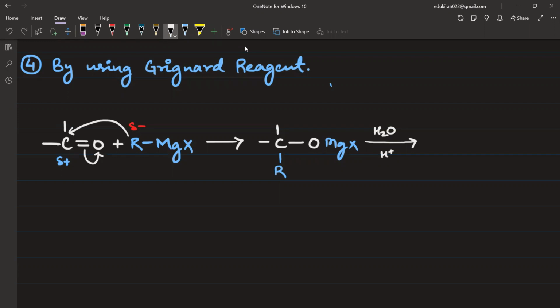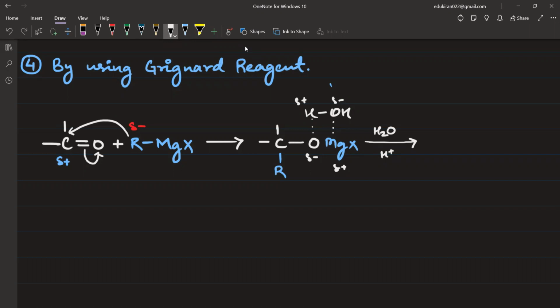Now, H2O is HOH. OH attaches on the Mg, and hydrogen attaches with the oxygen atom, because Mg will be delta positive and this oxygen will be delta negative, and hydrogen here will be delta positive. So it is all completely electrostatic. That means you have to identify the electron deficient side and the electron rich side. That's it, and then do the reaction.